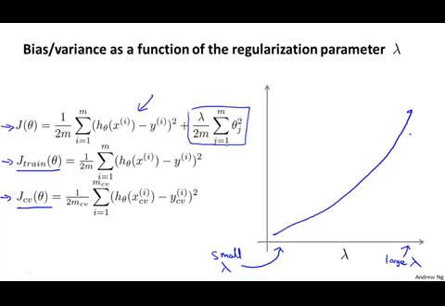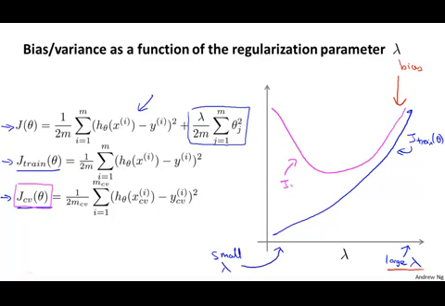So JTrain of theta will tend to increase when lambda increases, because a large value of lambda corresponds to high bias, where you might not even fit your training set well, whereas a small value of lambda corresponds to if you can freely fit a very high degree polynomial to your data, let's say. As for the cross-validation error, we end up with a figure like this, where over here on the right, if we have a large value of lambda, we may end up underfitting, and so this is the bias regime, and so the cross-validation error will be high.